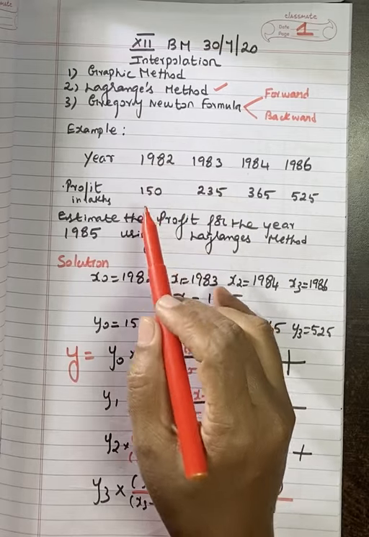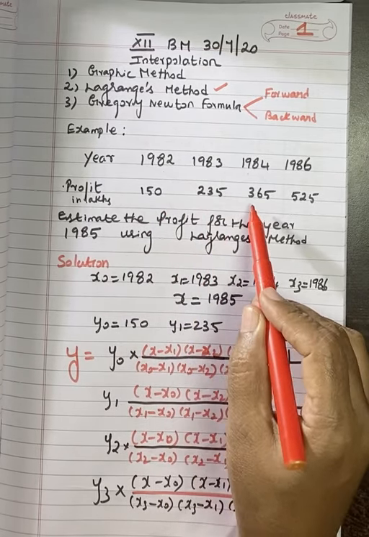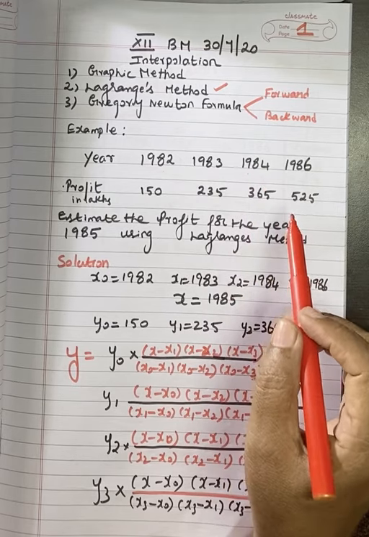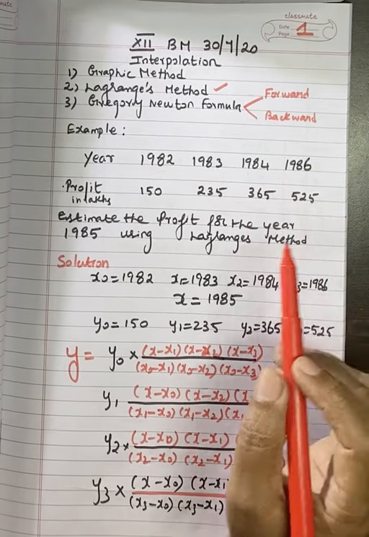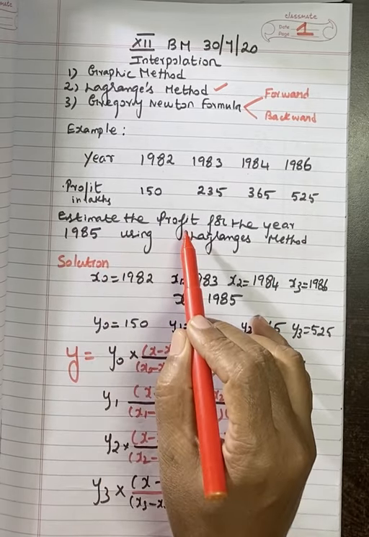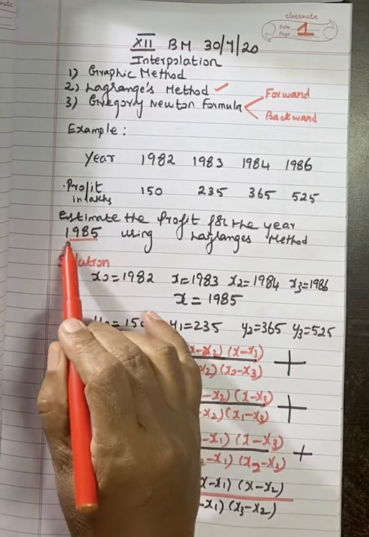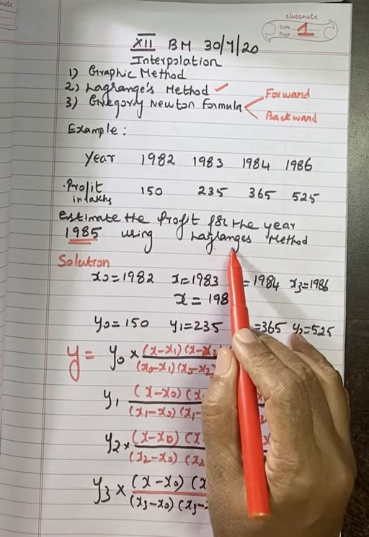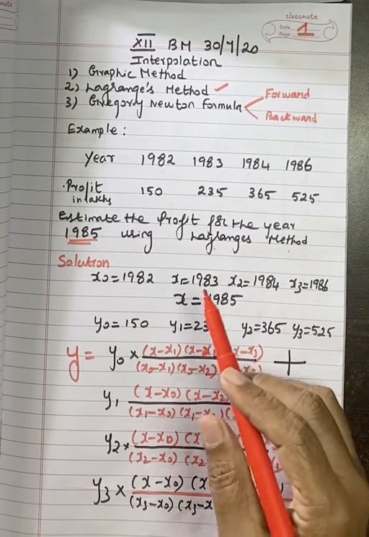In 1982, 150 lakh profit, 235 for 83, 365 for 1984, 525 for 1986. The question is, estimate the profit for the year 1985 using Lagrange's method. Okay, we go for the solution.